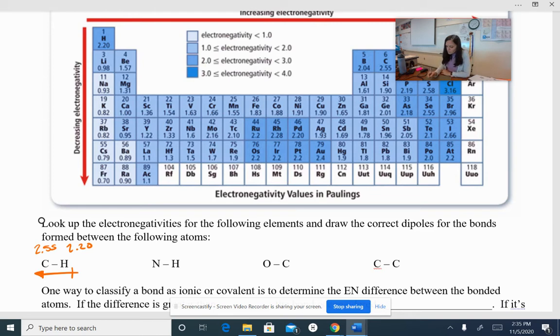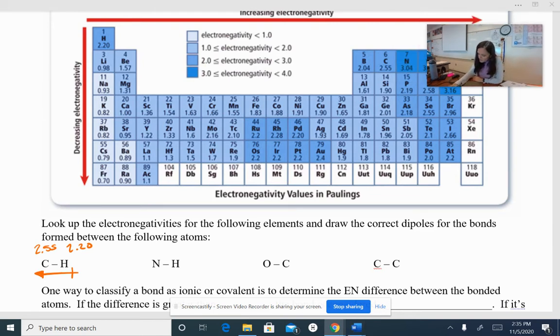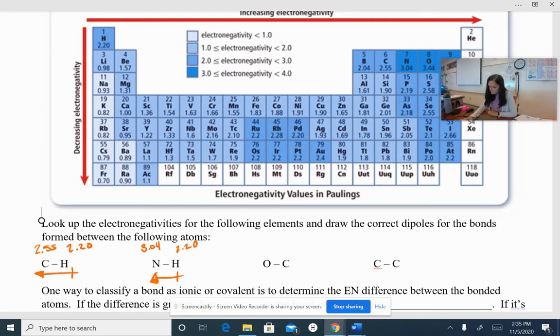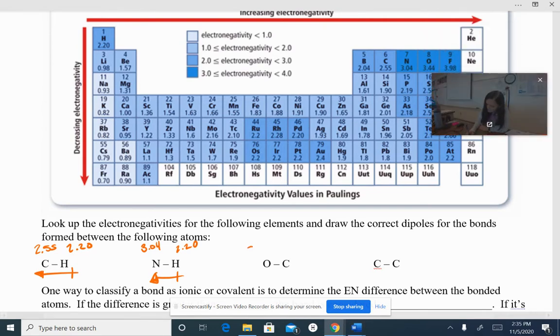Okay? So nitrogen. Let's look at nitrogen. Nitrogen is 3.30 and hydrogen 2.20. So did you draw your arrow this way? Okay. Oxygen 3.44 and carbon 2.55. So did you draw your arrow this way? How'd you do?